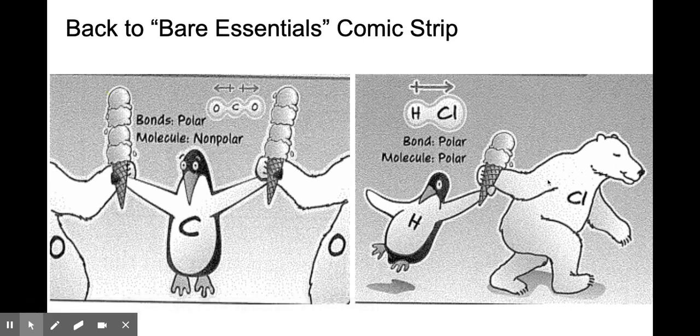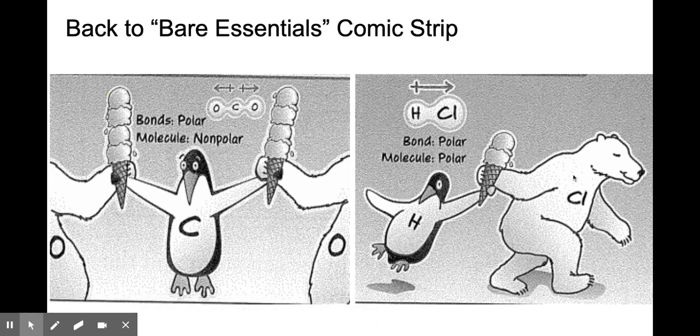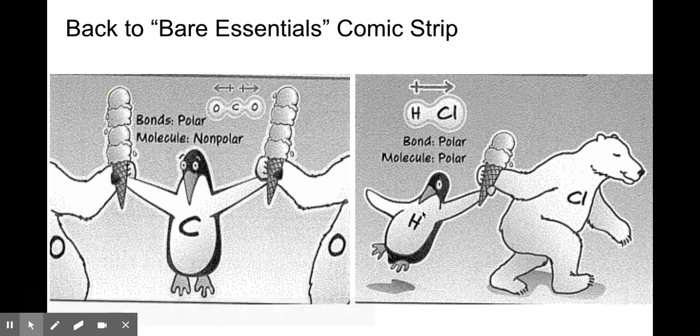The charges are unevenly distributed. This chlorine, this polar bear, is pulling stronger, making that hydrogen and its electrons move closer to it, making this a negative charge, giving this a positive charge. So hopefully that gave you some more insight into that comic strip if you struggled. What I would do is go back and take a look through it after watching this lecture.